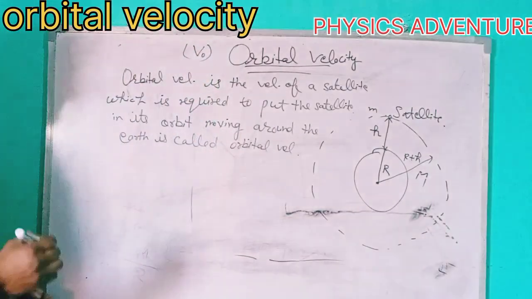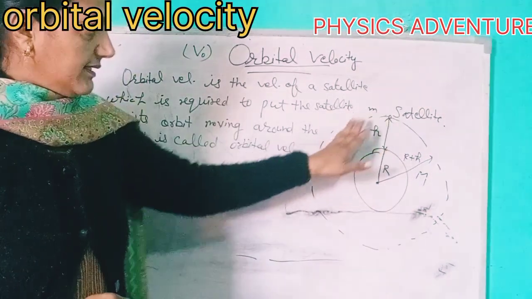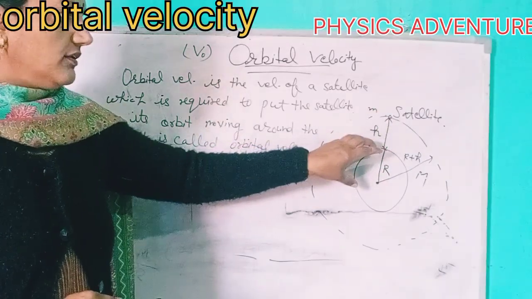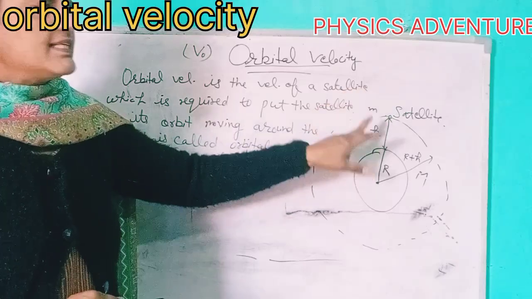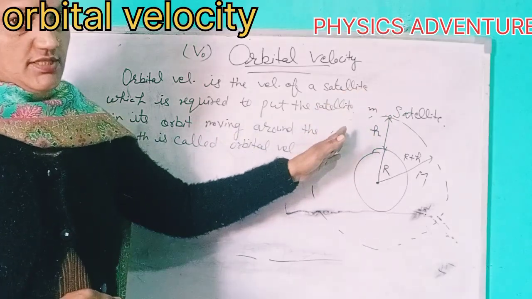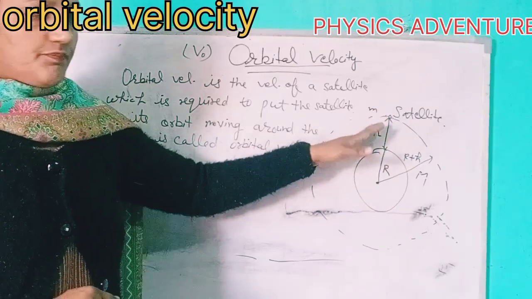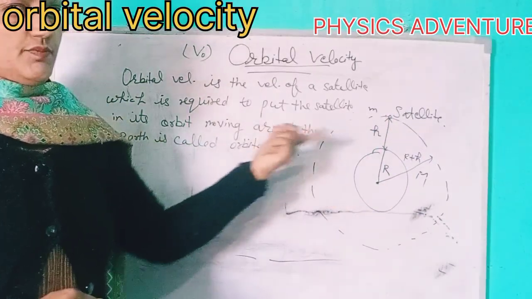This is the orbital velocity because we know that any particle will move only if it experiences a centrifugal force. A particle needs centrifugal force to move. It is necessary for a particle and an object which can move around in a circular path to have a centripetal force.